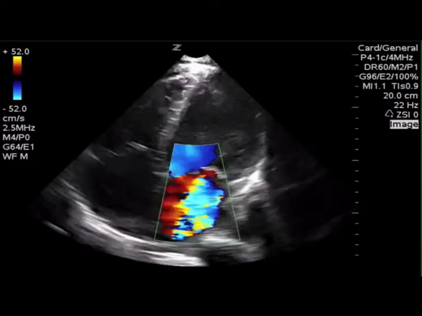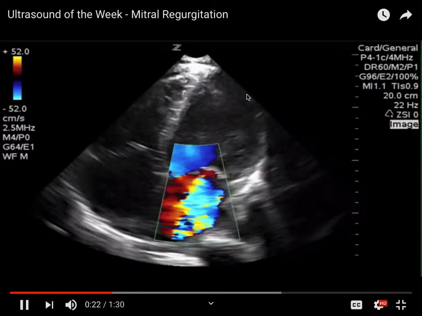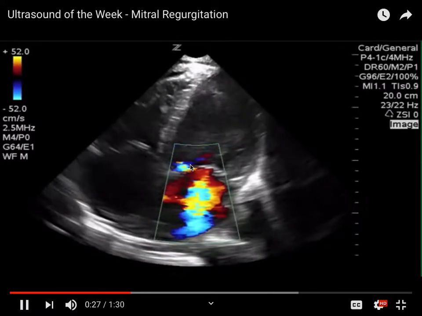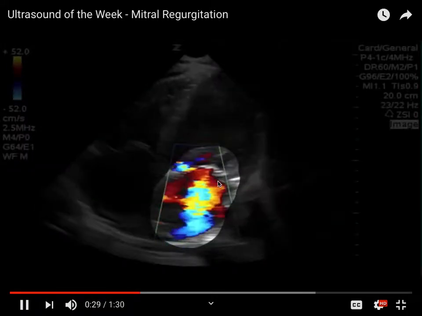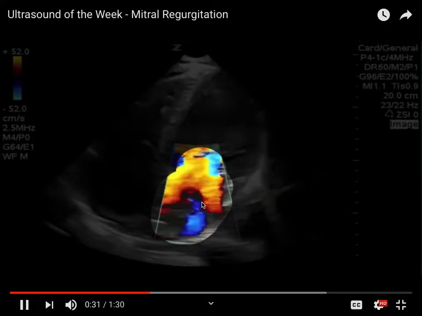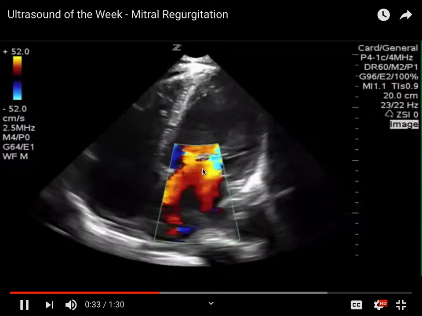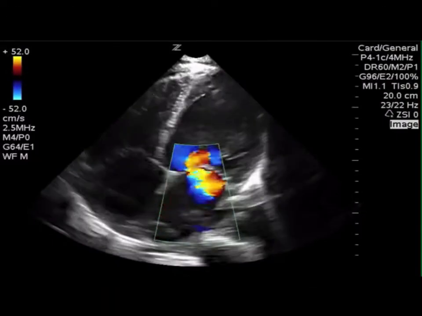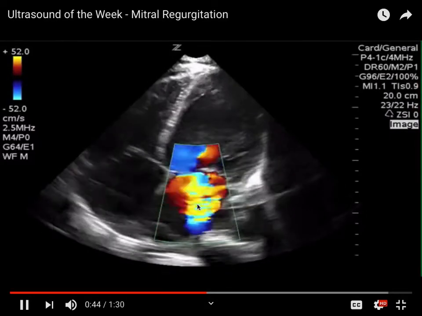So the ejection fraction here is probably like 10%. The muscle is shortening, but not that much. Here's the mitral valve, and you can see that there is color going this way and then color going this way, away from the transducer, which is the wrong direction. It's not supposed to be going that way. And so that is a mitral valve jet.